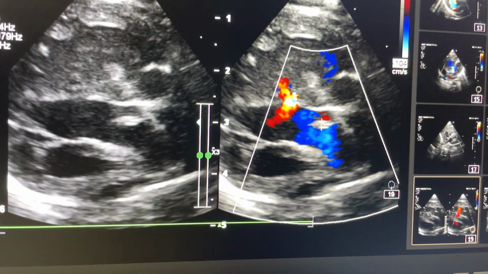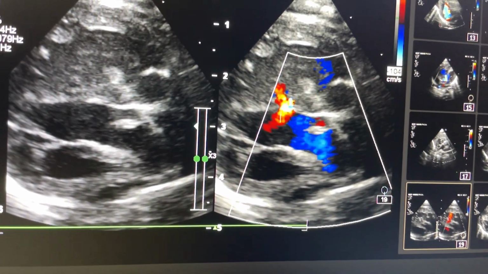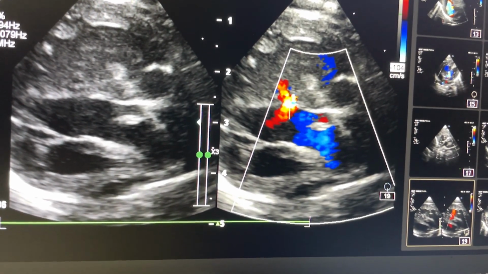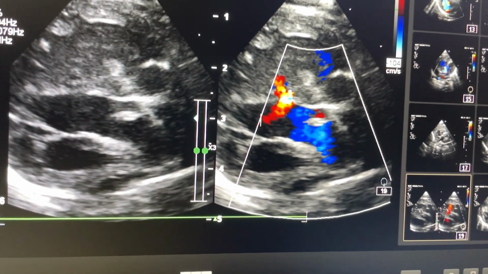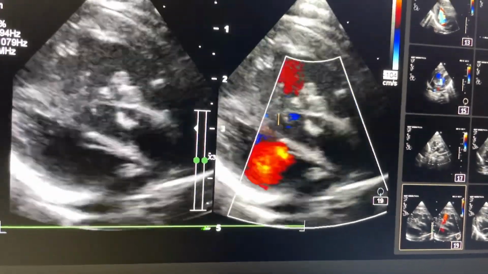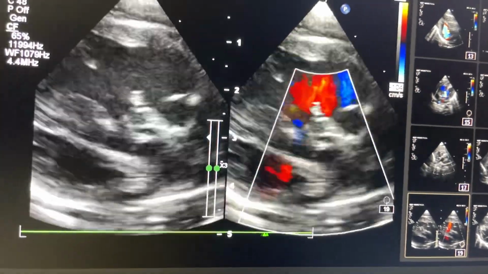You can see this VSD is subpulmonary because this is pulmonary artery from left ventricle, so this is subpulmonary VSD. The red color indicates flow from left to right ventricle, but mostly it is blue in color, so mostly it is right ventricle to left ventricle.